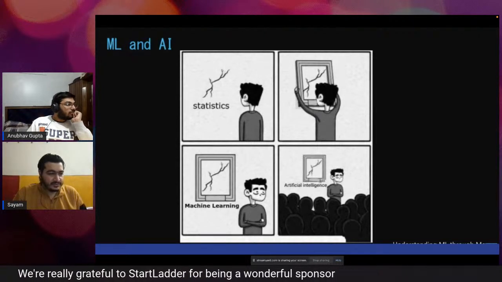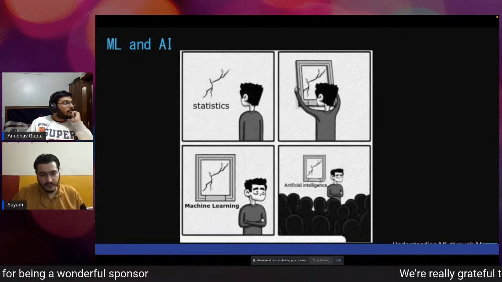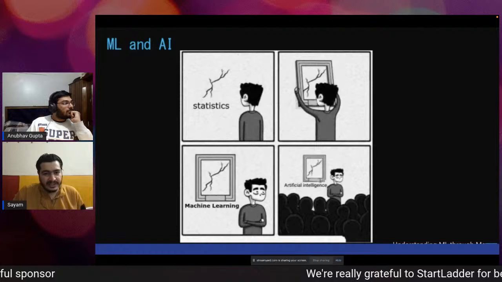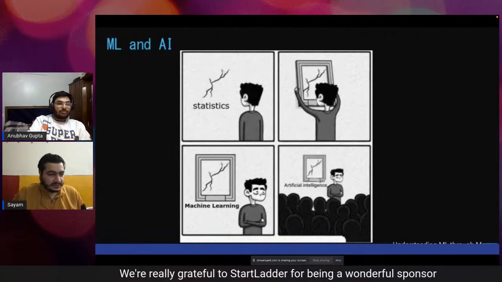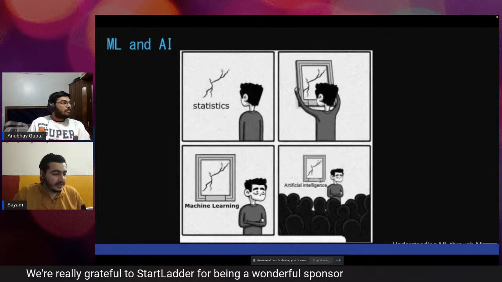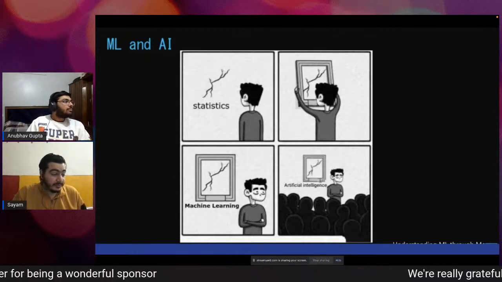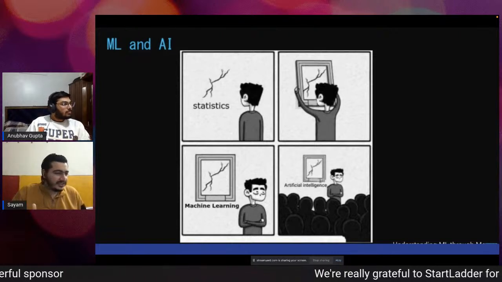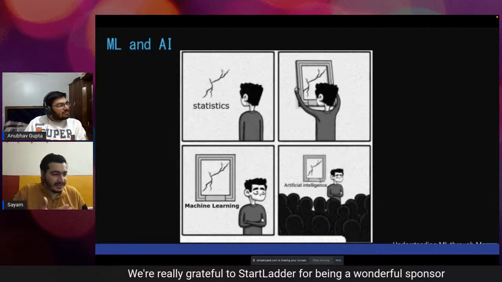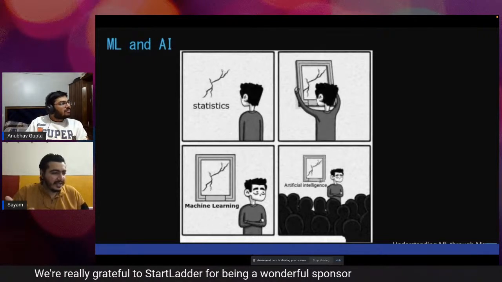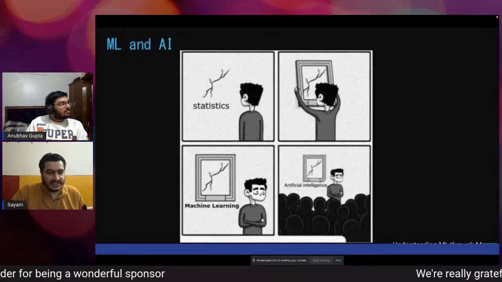By stats, I mean you may do some sort of exploratory data analysis and find out what the distributions of the data look like. Machine learning would come into play if you want to make much more meaningful sense out of the data, find the patterns and make predictions from that. And artificial intelligence looks good when you're presenting your algorithm to a whole lot of people, and instead of naming your algorithm machine learning, you name it artificial intelligence.